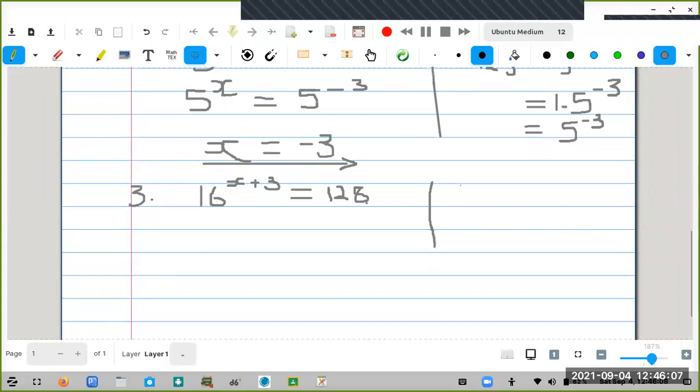If you use that method, expressing 16 as a product of its prime factors in index form, we are going to come up with 2 to exponent 4, right? That's 2 to exponent 4 is 16. Then 128 as a product of its prime factors in index form is equal to 2 to exponent 7.